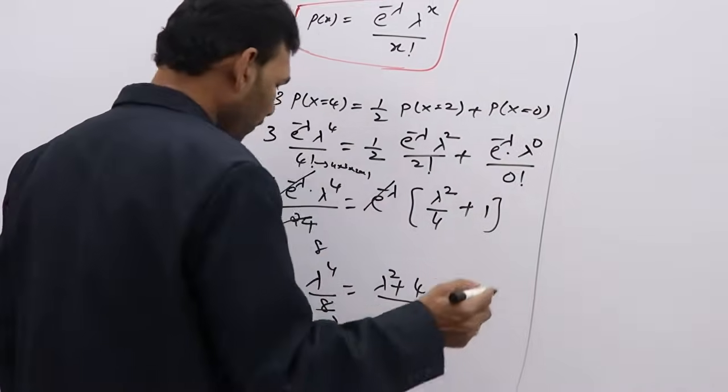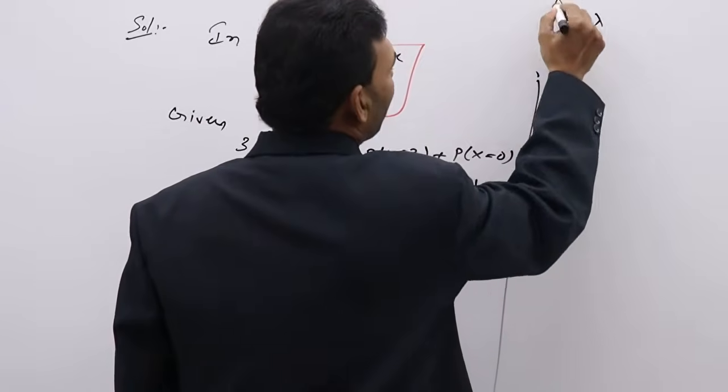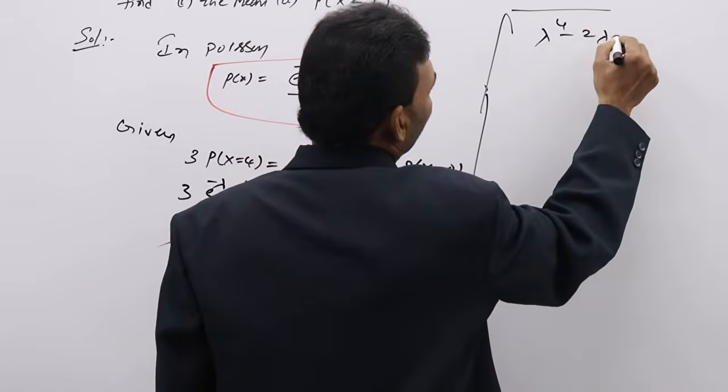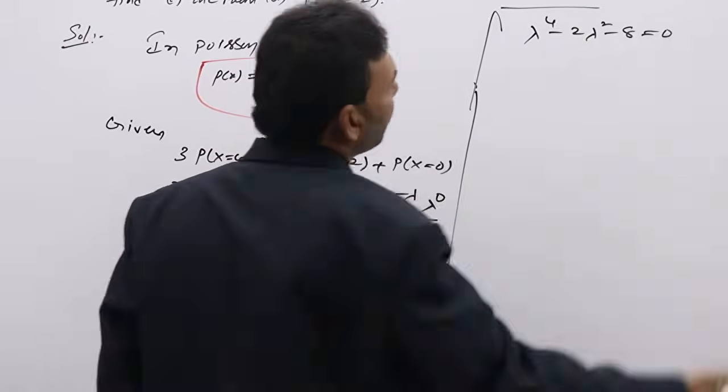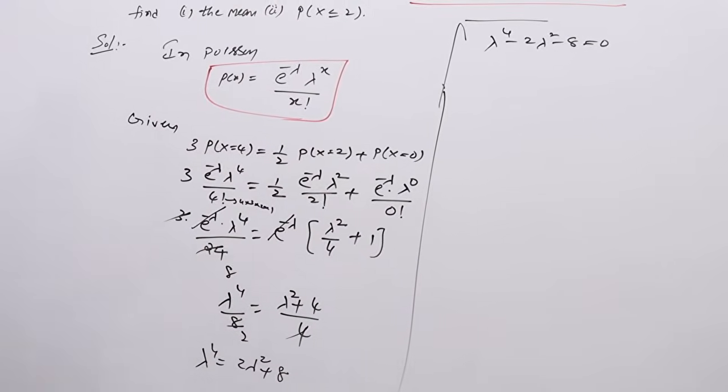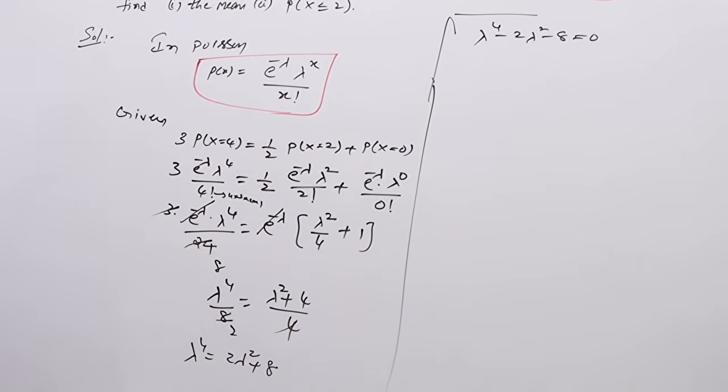If you evaluate that, lambda power 4 minus 2 lambda square minus 8 equal to 0. Lambda power 4 can be written as lambda square whole square.